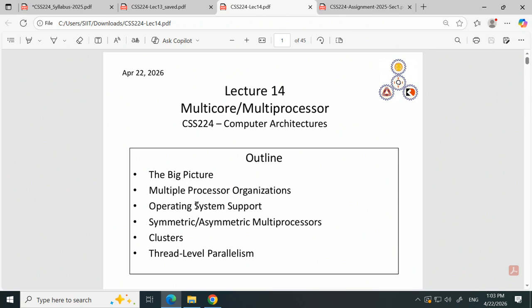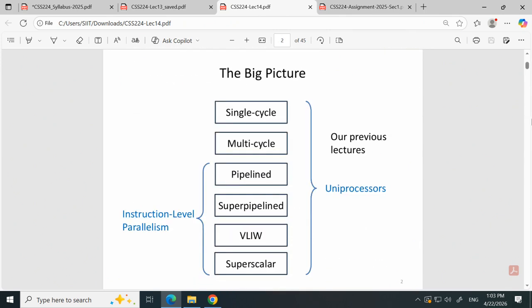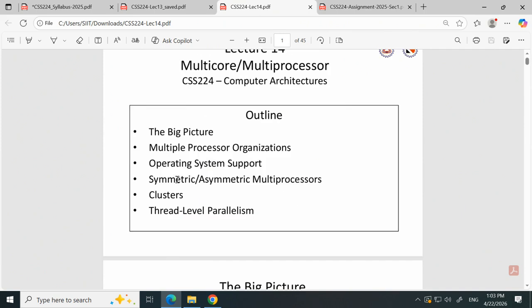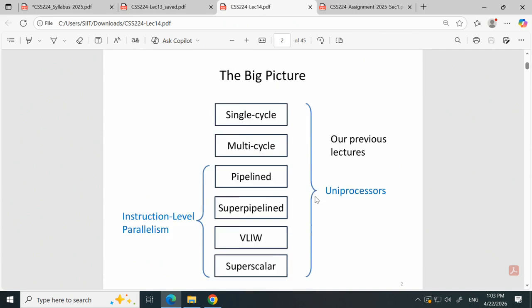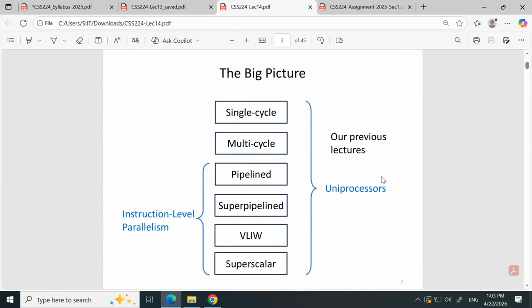You need to wrap it up and see what's going on and what's next. Multiple processor organization is what we are going to talk about. And the big picture. You will understand what these bullets are later. Don't worry.